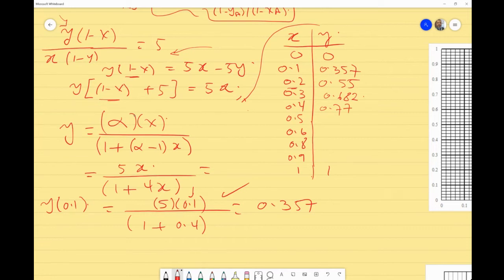And that 0.5 is going to be 0.833. 0.6 here is 0.88. And 0.8 is going to be what? 0.921. And at 0.9 it is going to be 0.978.